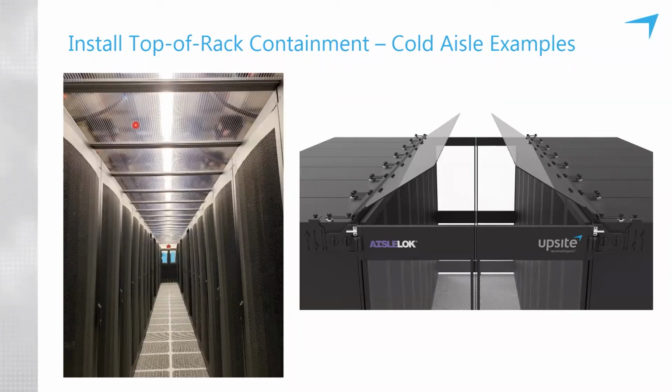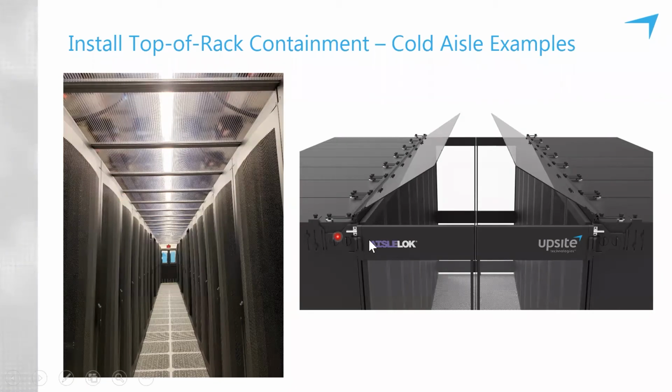So you buy these things at different widths to span the aisle. This is a 48-inch aisle. These things either rest on or mount on the cabinets across the aisle from one another. So that's an example of a capped or fully enclosed roof for cold aisle containment.